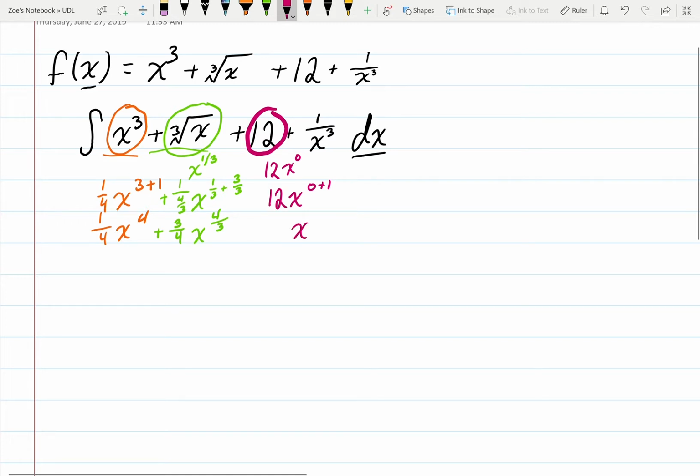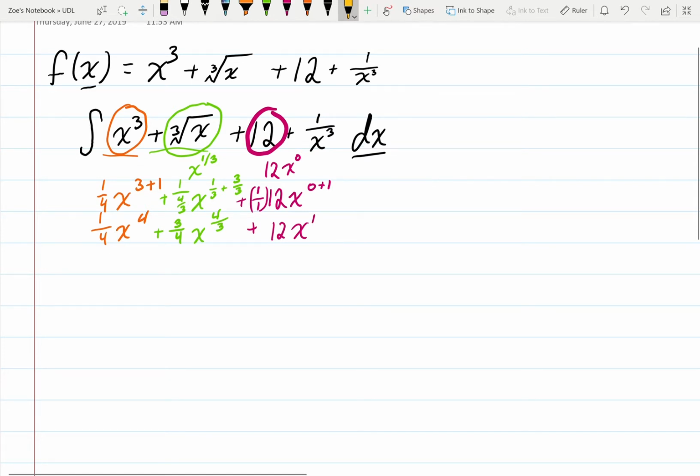So we would be left with x to the 1st times 12. Now, you may be wondering, do we have to do this 1 over our new power? Which we could, and we technically are, but 1 over our new power is just 1. So we're left with, at the end, 12x to the 1st power.